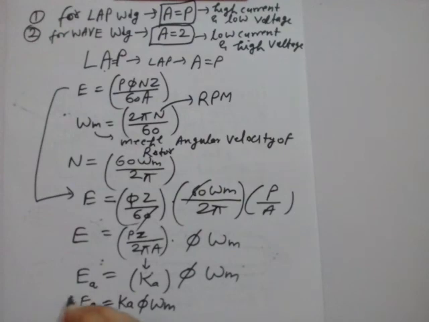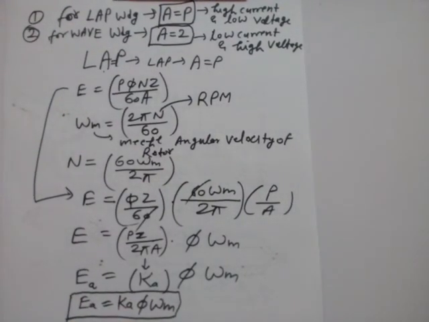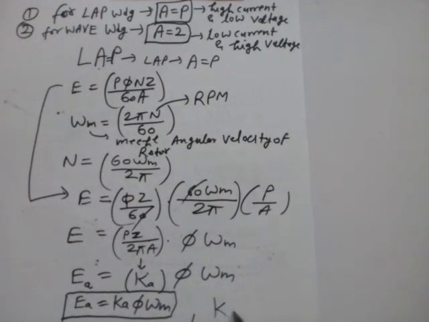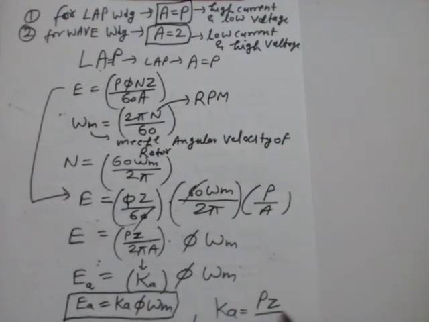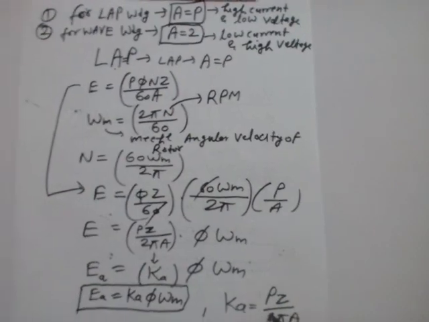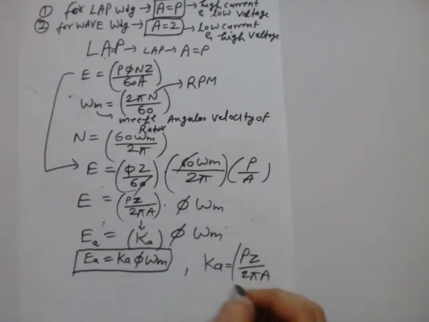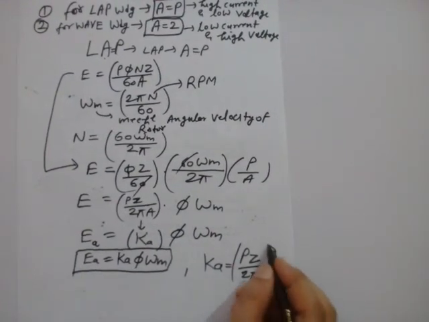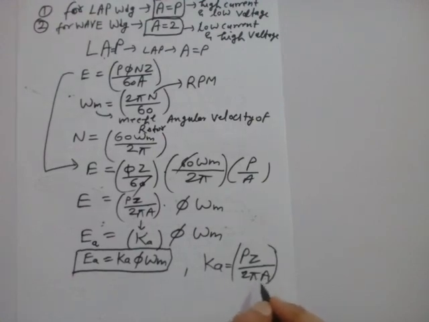This is the compact form of induced EMF in a DC machine. What is K a? K a is P Z by 2 pi A, where Z is the total number of conductors, A is the total number of parallel paths, and P is the total number of poles of the DC machine. So this is the total EMF equation. Thank you very much.